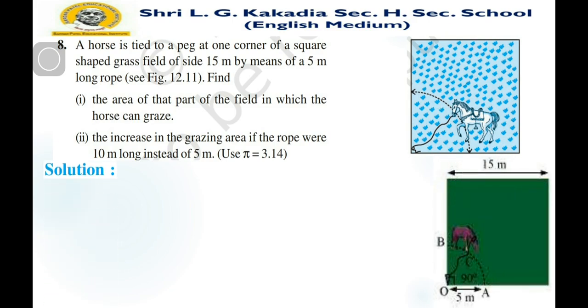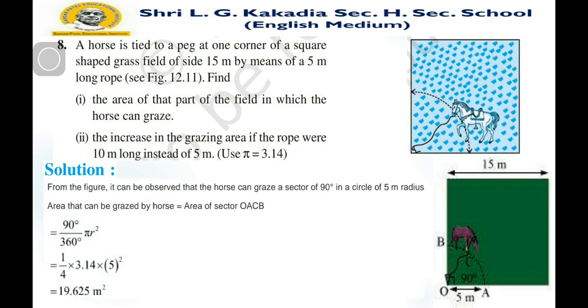So here the given figure has 90 degree angle and 5 meter length of the rope. From the figure it can be observed that the horse can graze a sector of 90 degree in a circle of 5 meter radius.